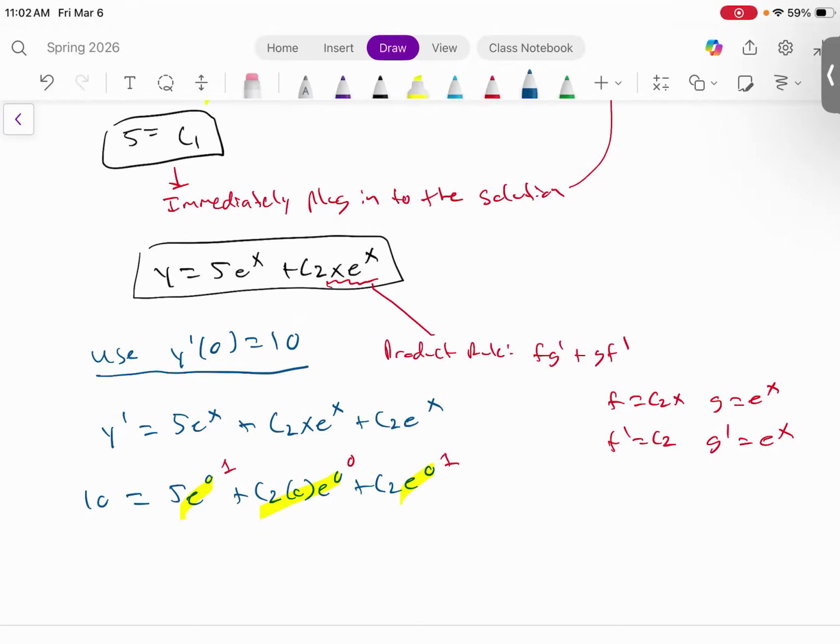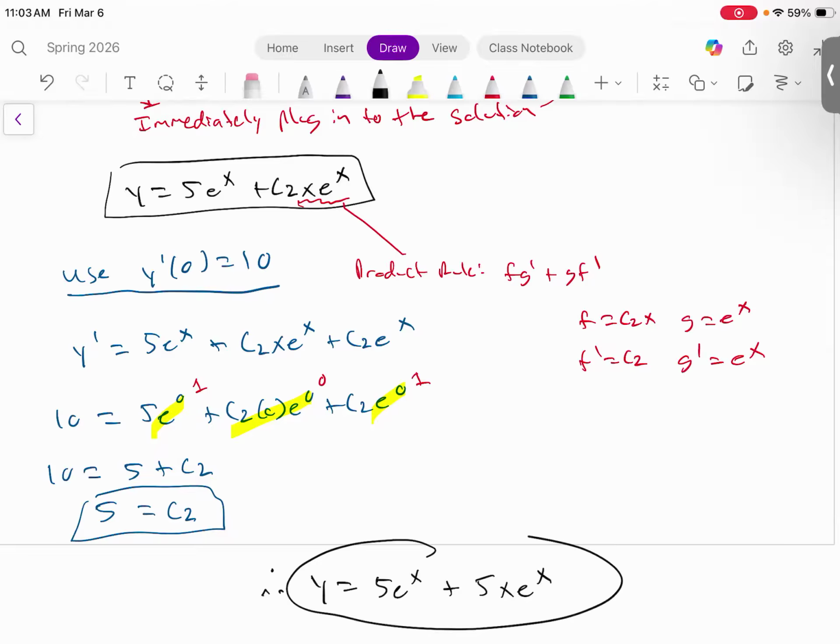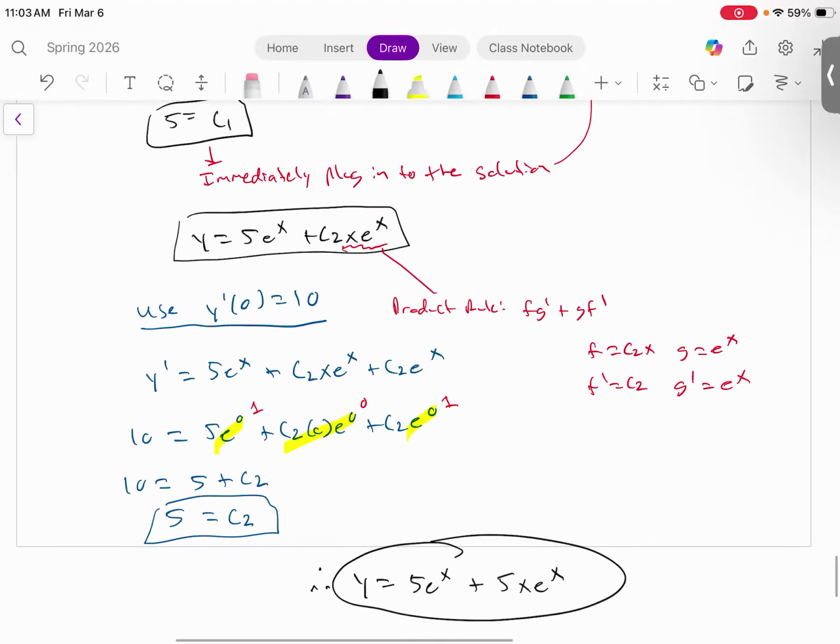So what I'm left with is 10 equals 5 plus C2. So C2 equals 5 as well. So that works out nicely. So therefore, my final solution is 5 e to the x plus 5 as well, x e to the x. And that's my solution to the initial value problem.